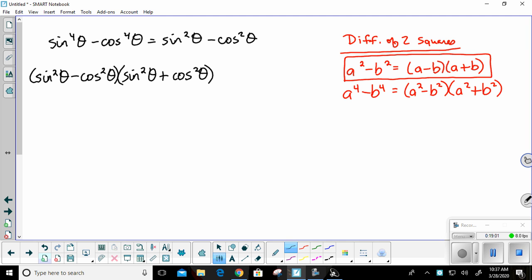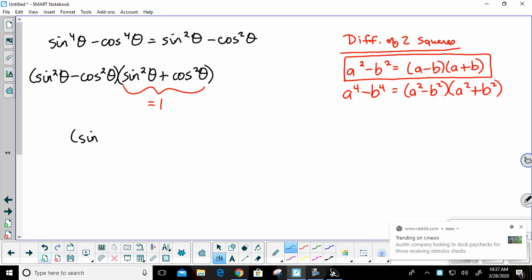What does sine squared theta plus cosine squared theta equal? This whole thing equals 1, our trig identity. That's the basic one. So this just gives me sine squared theta minus cosine squared theta times 1.